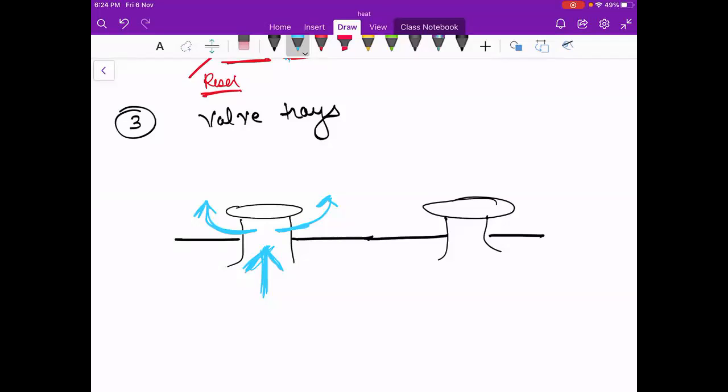It means the vapor flow rate, or you can say the vapor pressure, will decide how much the fluid is going. Sorry, I think I used the wrong color. For the bubble cap, I will be using red. Like this.